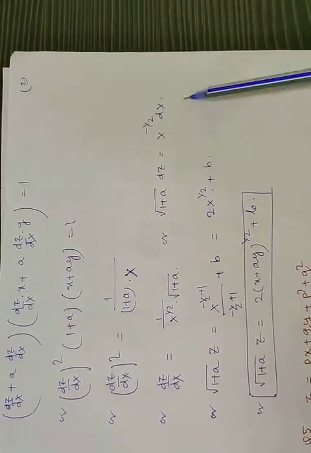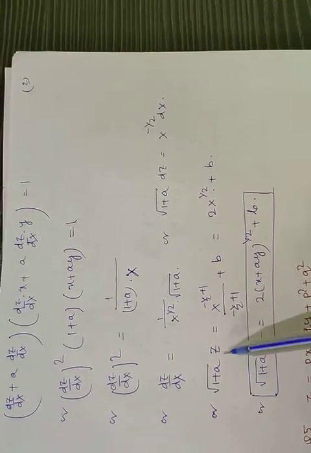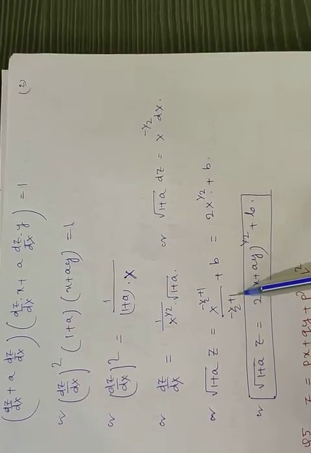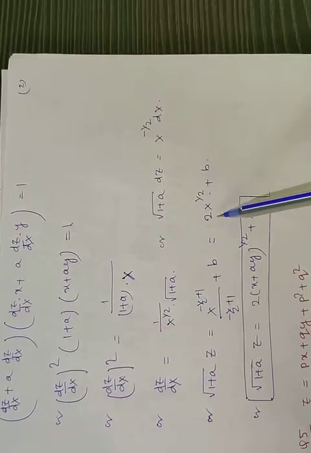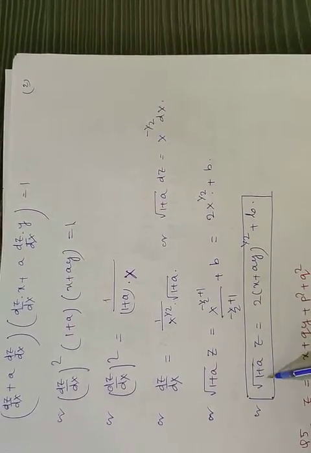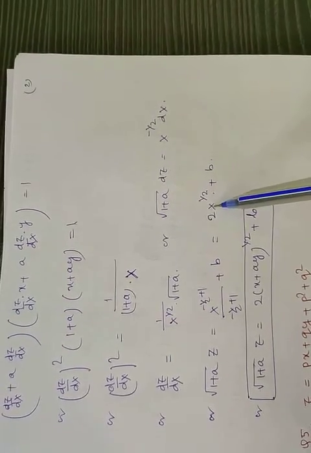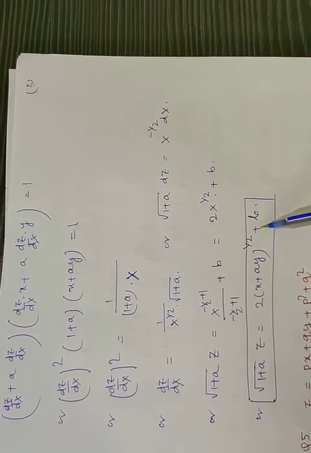Now it is integrable, which on integration gives root over (1 + a) z = X^(-1/2 + 1) by (-1/2 + 1) + b, some arbitrary constant of integration, which is 2X^(1/2) + b. So root over (1 + a) z = 2(x + ay)^(1/2) + b, where in place of X we again write x + ay.